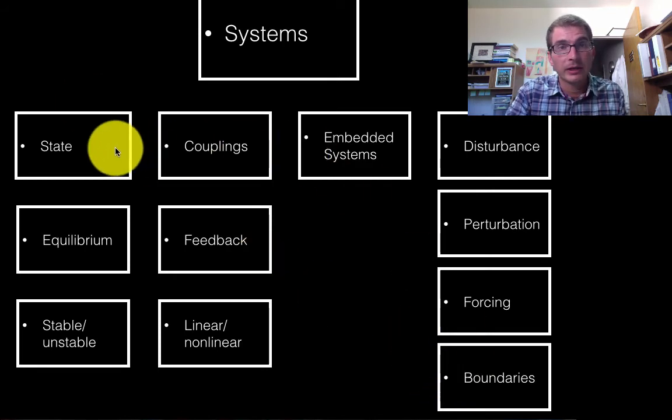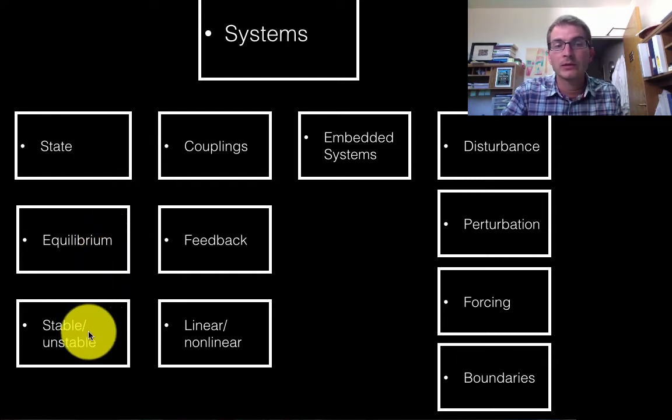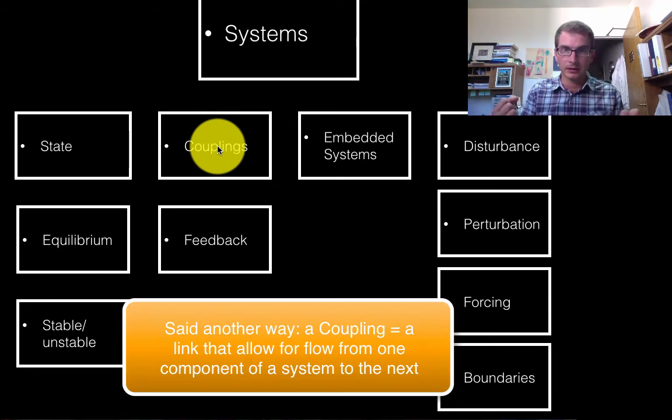I hope you understand the term state now, the state of a system, equilibrium, as well as stable and unstable states. I mentioned couplings. Couplings, again, are the relationships between two parts, let's say ice coverage and atmospheric CO2 concentrations, right? Those are two parts of the system that are coupled, so they can affect each other.